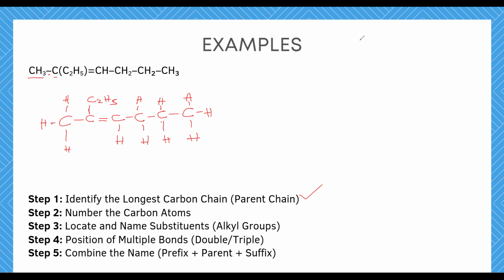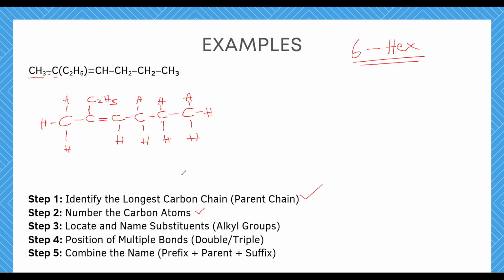It starts from left to right. Okay, six carbon atoms. What would the parent name now be? Hex. Thank you very much. Hex. Now, let's keep this aside. We are going to need this parent name later on. Are you with me? Yes, sir. We have done step number one.